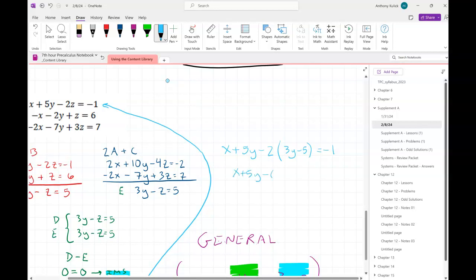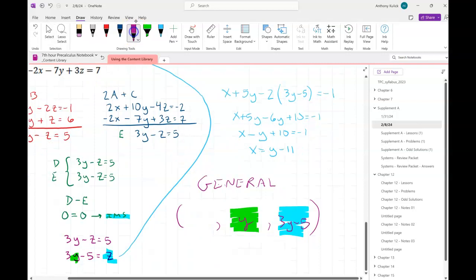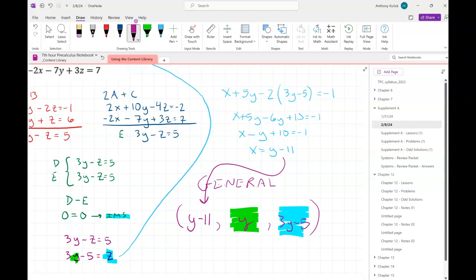So I'll distribute the -2 through. Combine my like terms. And then I'll subtract over my 10 and add over my y. And I'm left with x is y minus 11. So there is my general solution.